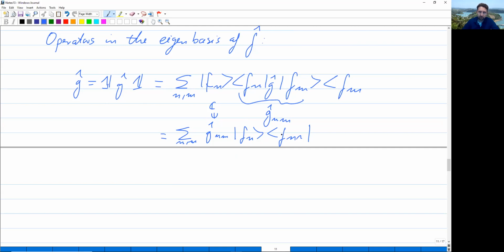You write down the ket and bra of some basis of your choosing, and then complex coefficients in front of it, sum the whole thing up. What you get is a linear operator. And these numbers here are called the matrix elements of g hat in the eigenbasis of the observable f hat.